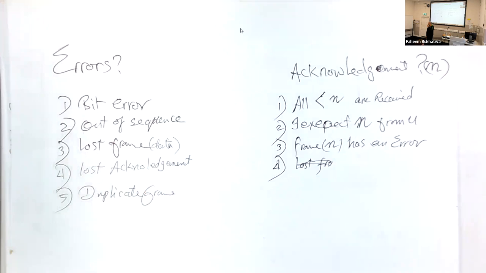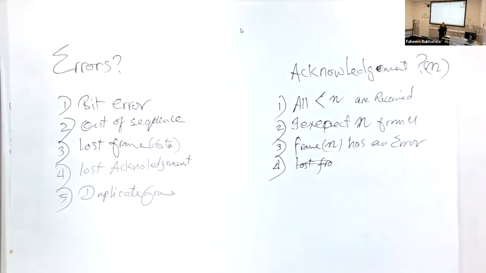So now, if I send you 4 frames and one of them is lost, who discovers the lost frame? Anybody can think? The sender or the receiver? The receiver. If I send you frames 1, 2, 3, 4, but number 2 is lost, you get 1, 3, and 4.